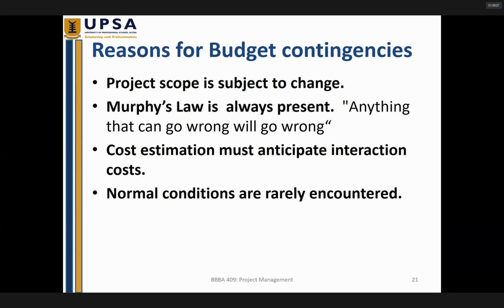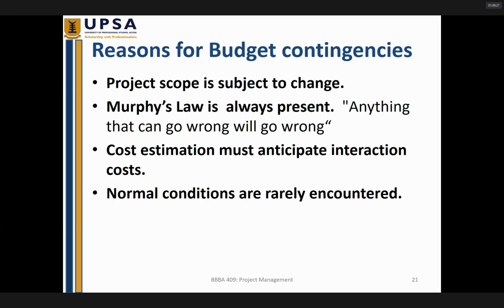They got the excavator to the site to work. The excavator has worked, but in the process, probably has developed a mechanical fault, which our budget originally did not capture. So this is what we call an interaction cost.